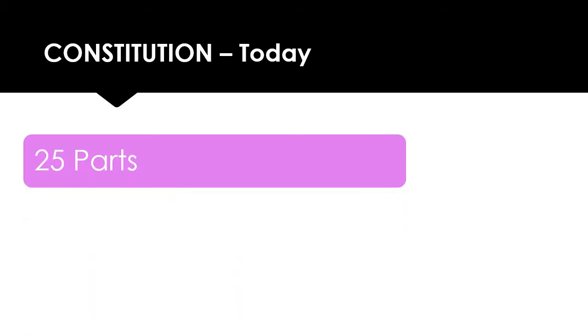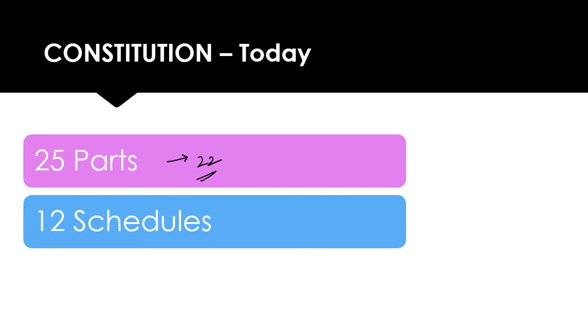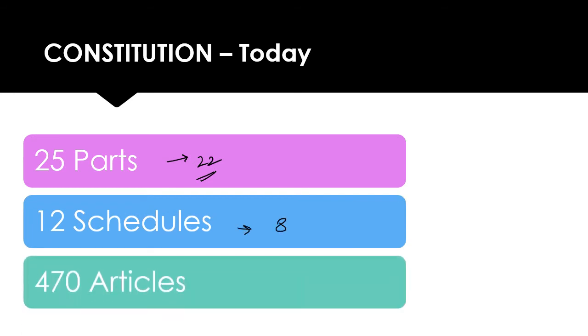However, if we look at the Constitution today, then the Constitution is significantly larger. It consists of 25 parts as opposed to 22 parts that we saw as of the 26th of November 1949. You have 12 schedules, which previously were 8, and now you have around 470 articles, which previously was 395.